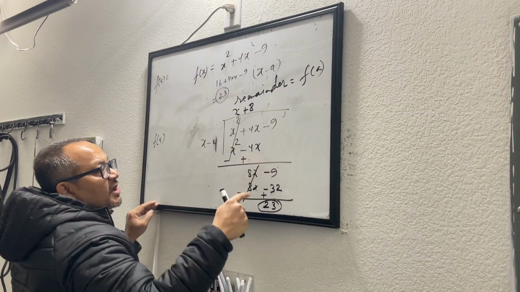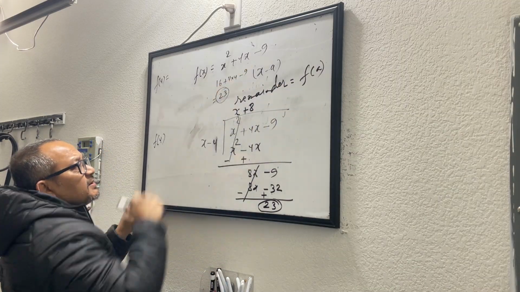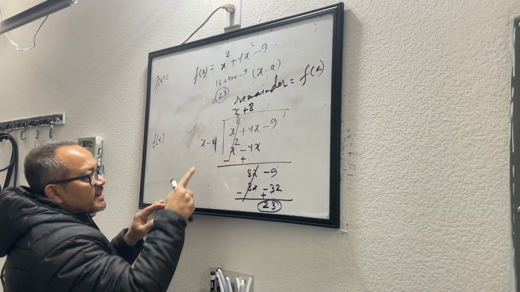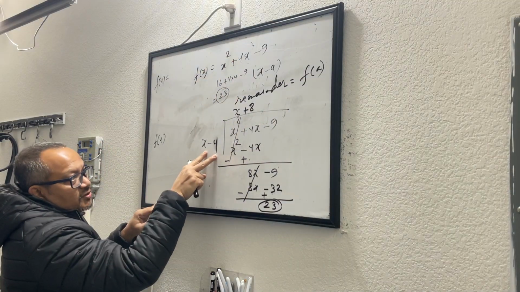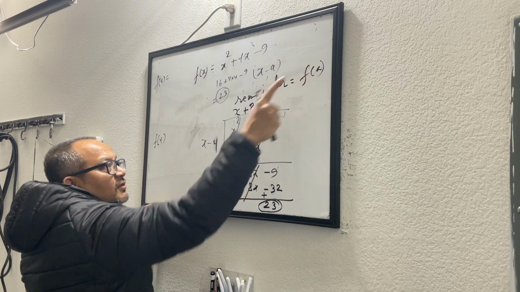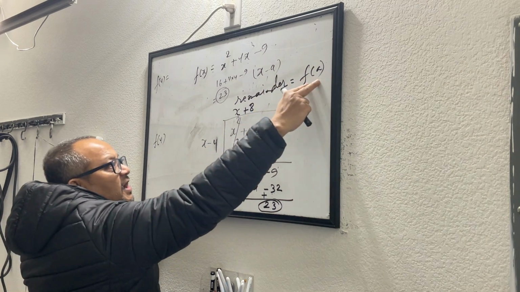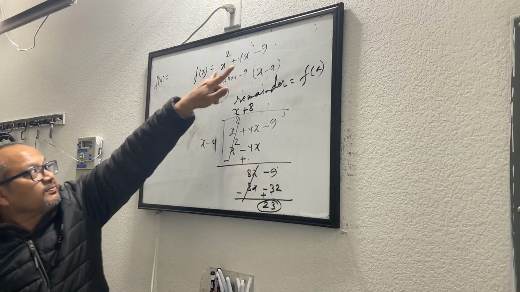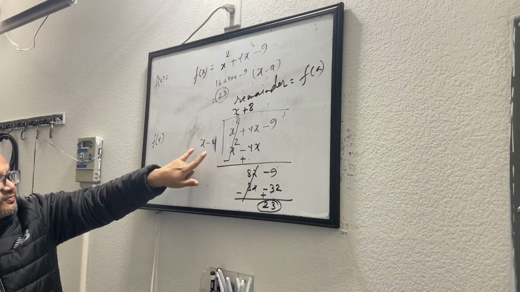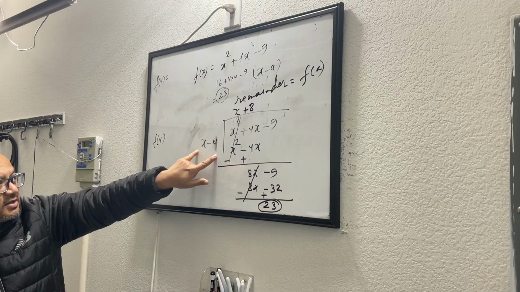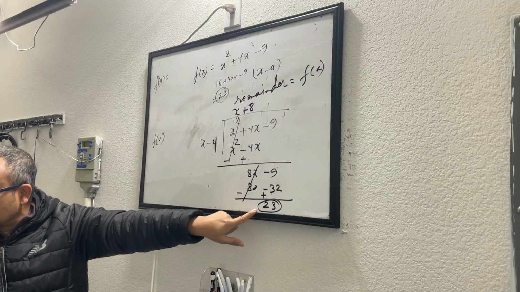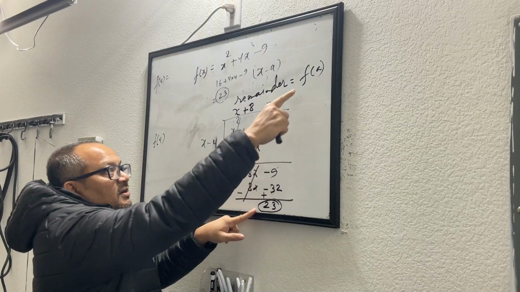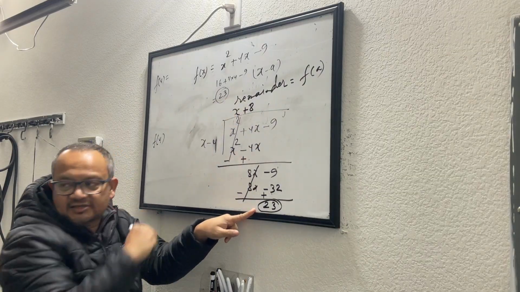So first we found f of a, which was 23, for a equal to 4. So when I divide this polynomial by x minus 4, my remainder will be 23. And without doing this long division, we could predict this.